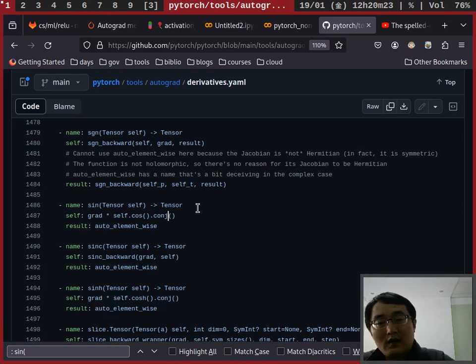And grad is like a chain rule. When you have your sine function inside another function, you'll have the derivative of that function multiplied by the derivative of the sine function. Here, the grad simply means that.